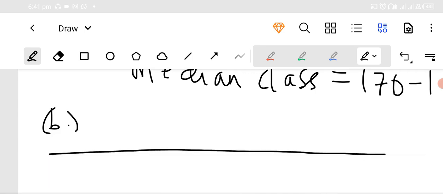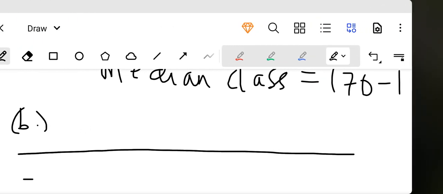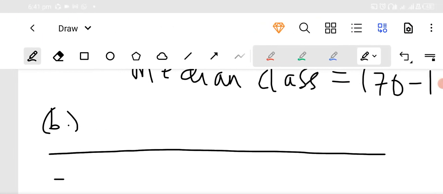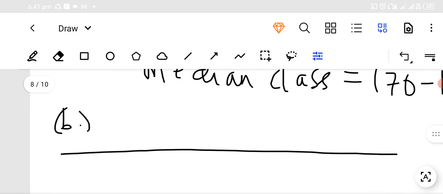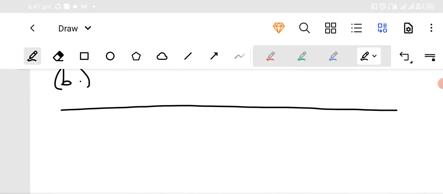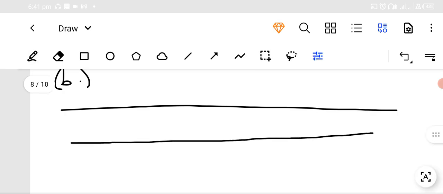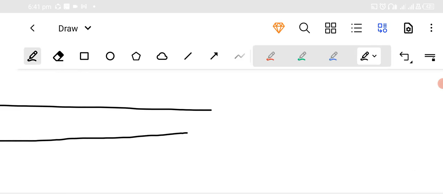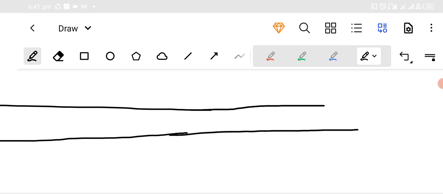Okay, something just approximate, and then we also do like that.